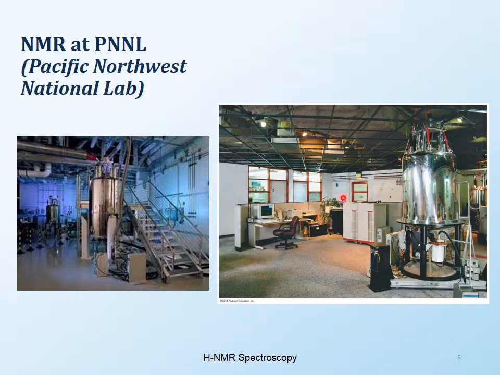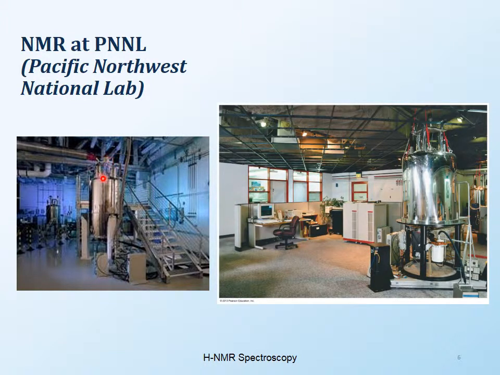The NMR on the right hand side is probably a 400 or a 500 NMR, and you can see it doesn't need stairs for you to climb up, but usually you will need some sort of a stool to get up to the NMR, because sometimes the sample is placed from the top.